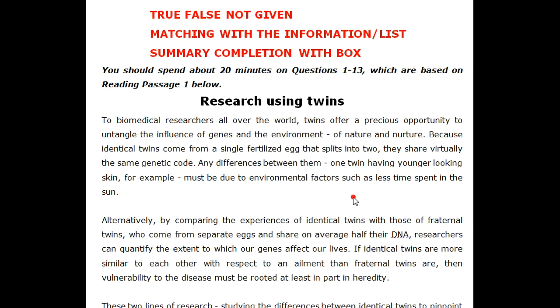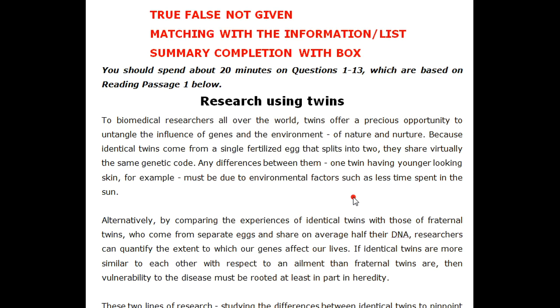This is my 16th video on IELTS academic reading, and I'm here again with a new passage. You can see the passage. In this particular video, I'm going to take three types of questions: true, false, not given, matching with the information or list, summary completion with box.